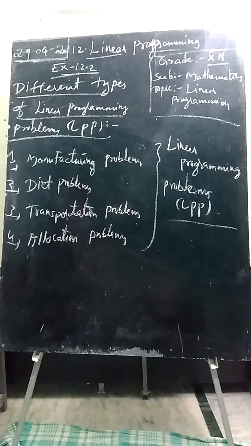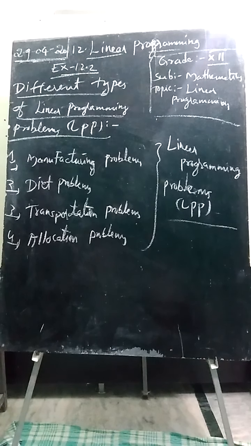So generally we keep minimum cost to get maximum proteins, vitamins or carbohydrates. That is related to diet problems. Transportation: in an industrial area, we can't purchase everything there itself, which is why they require some transportation facilities. So they are ready to keep minimum transportation cost for getting maximum profits.